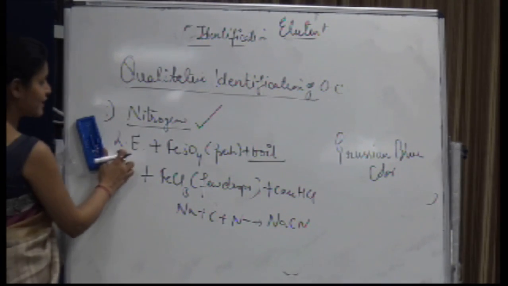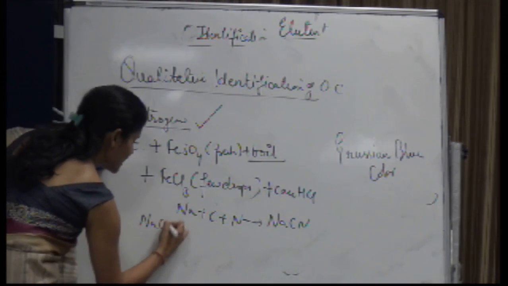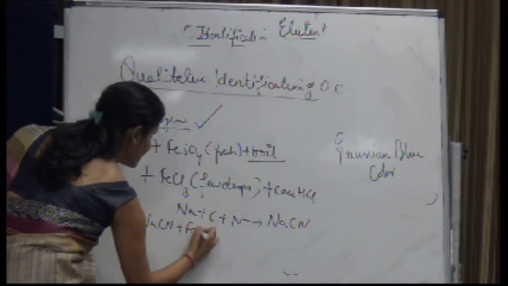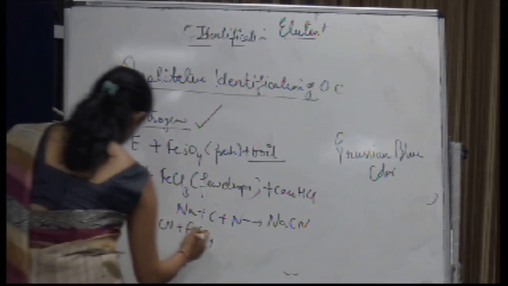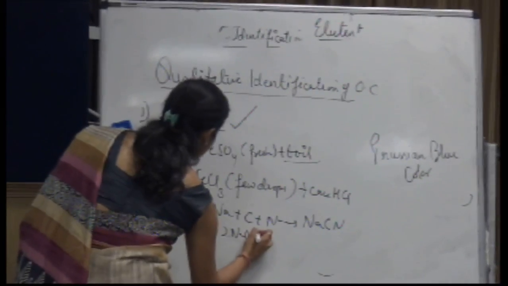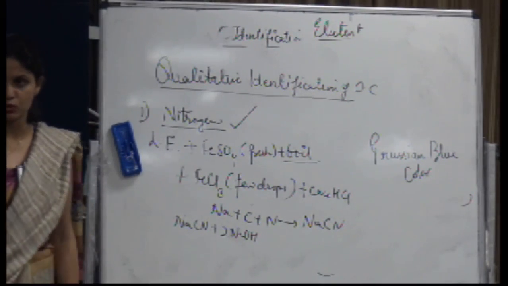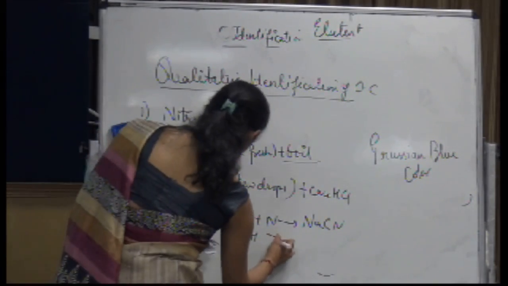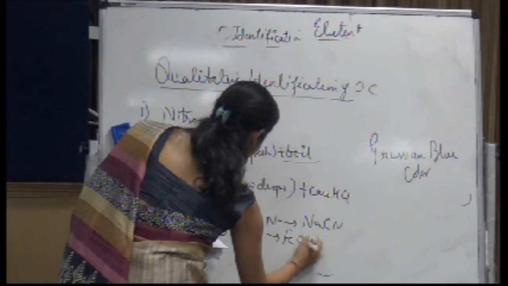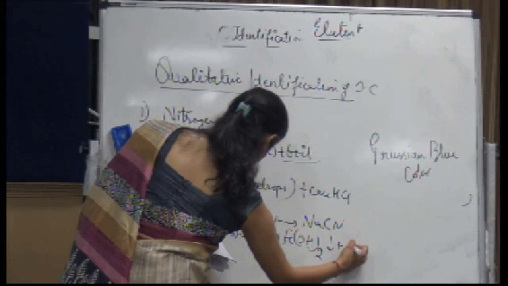Then I have reacted this Lessaigne's extract with the ferrous sulfate. What would be the reaction? NaCN plus FeSO4, sorry, this is NaOH. First, it is basic in nature, no? So I have to consider the reaction with NaOH also. It would form ferrous hydroxide plus Na2SO4.